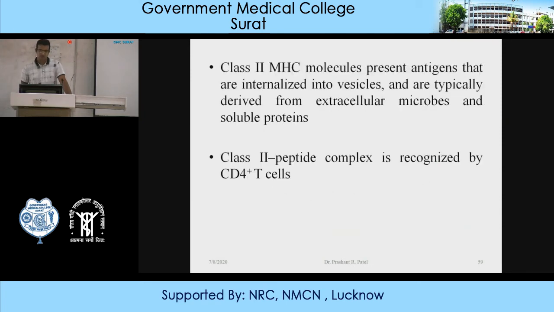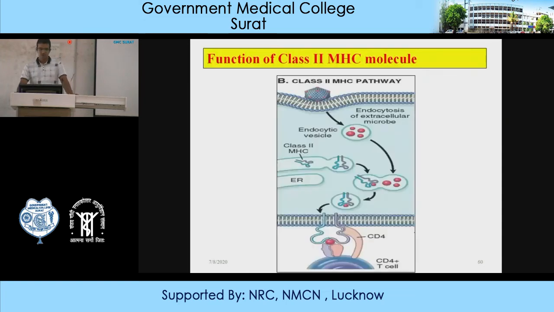The class 2 molecules present antigens that are internalized into vesicles and are typically derived from extracellular microbes and soluble proteins. This class 2 peptide complex is recognized by CD4 plus T cells. So this is the function of the class 2 MHC molecule.